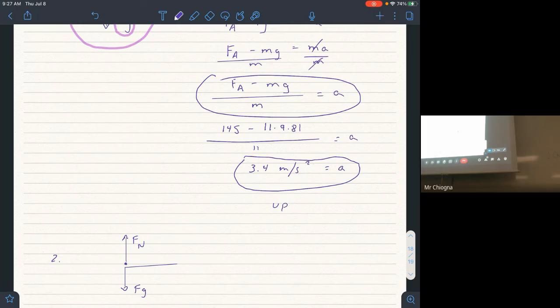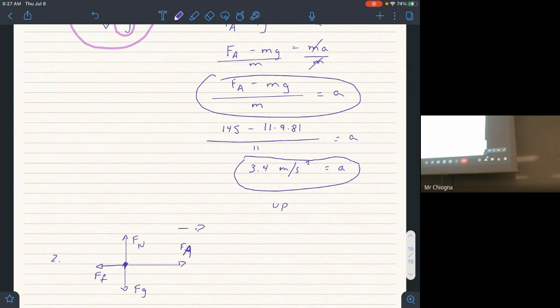Why is it doing that? Okay. So it's moving to the right.